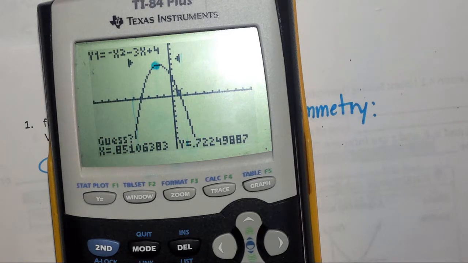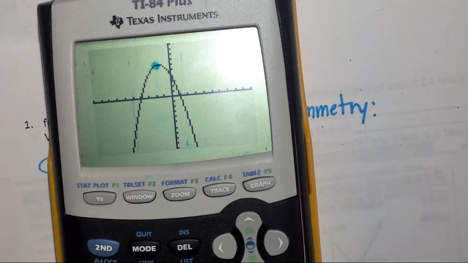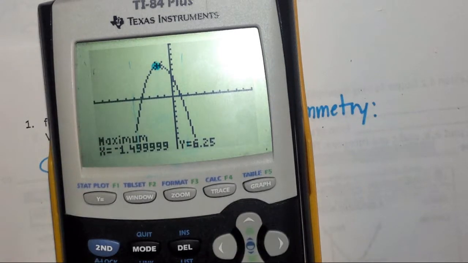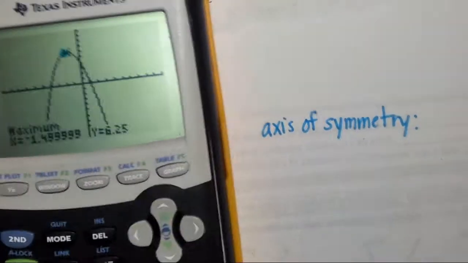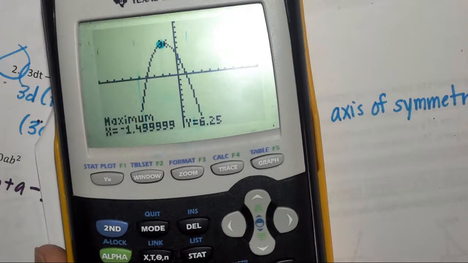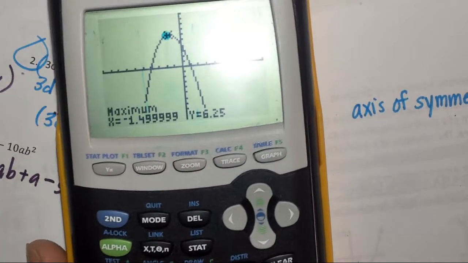Now you can scroll over and try to guess the real one. Doesn't matter. Once you enter even a terrible guess, it tells you the real answer. So we were going to guess negative 1.56, and we would have been wrong because it's negative 1.5, 6.25.